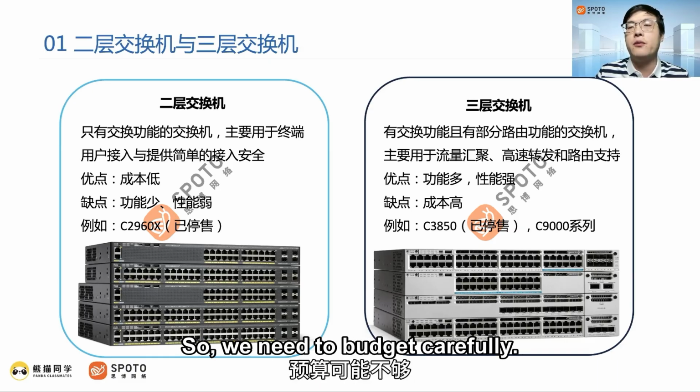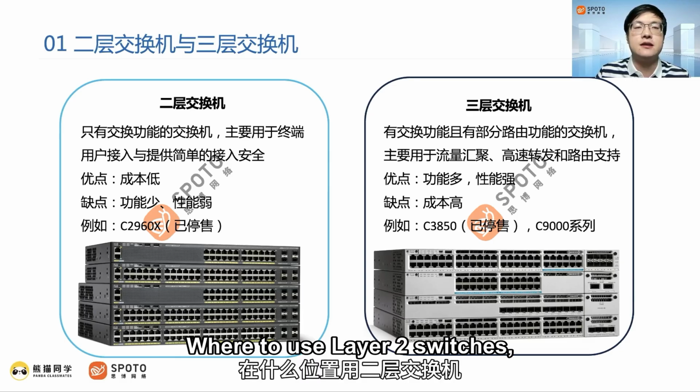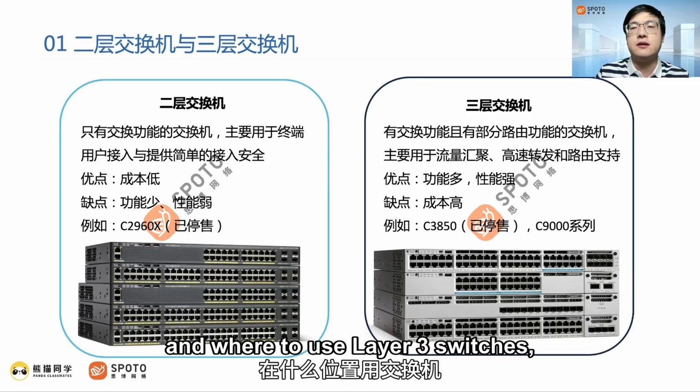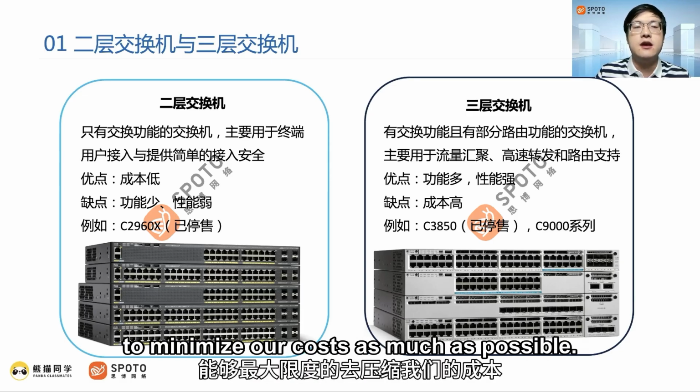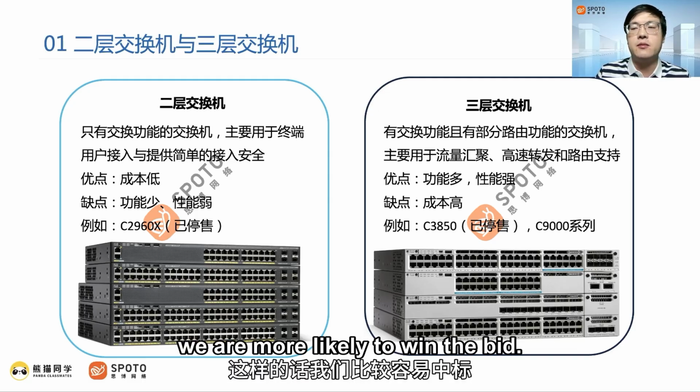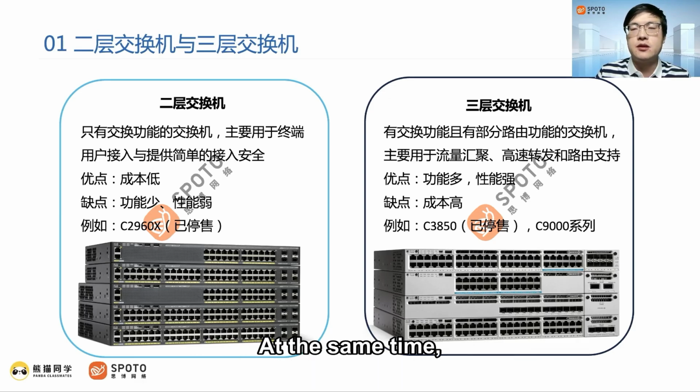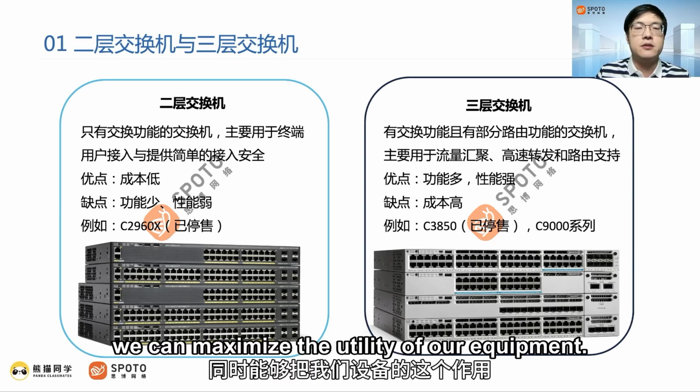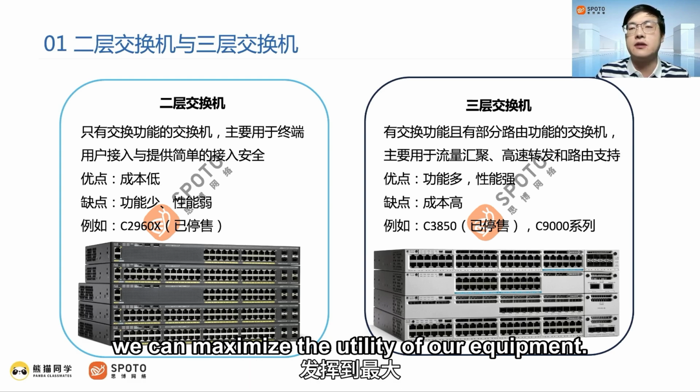The budget might not allow, so we need to budget carefully: where to use layer 2 switches and where to use layer 3 switches to minimize our costs as much as possible. In this way, we can maximize the utility of our equipment.